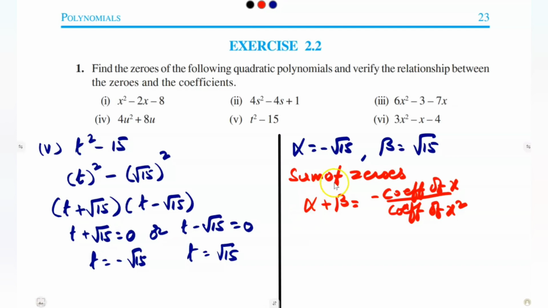So sum of zeros alpha plus beta, we are going to add the zeros, minus root 15 plus root 15, which is equal to minus coefficient of x, x means t here. So minus, you don't have x term at all, t term we don't have at all, so that is 0 by x square term means t square term, so 1. So next, minus root 15 plus root 15 is 0, and 0 by 1 is also 0. So sum of zeros is verified. Okay, now let us do product of zeros.